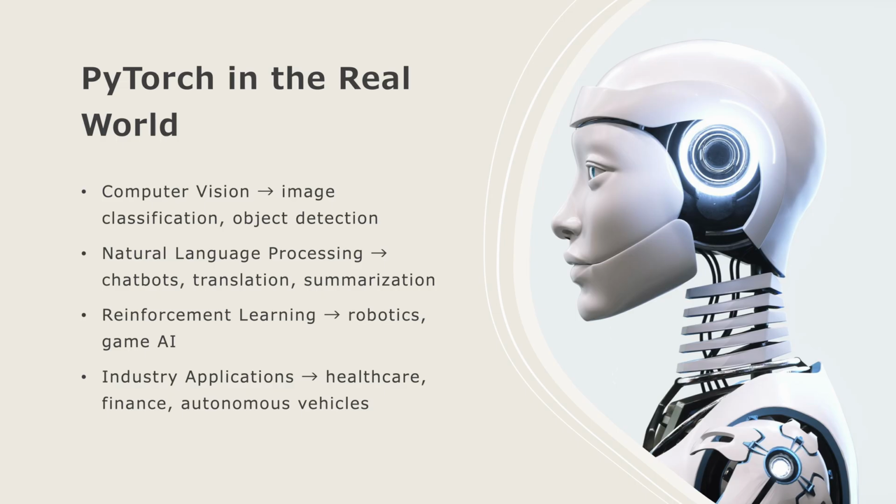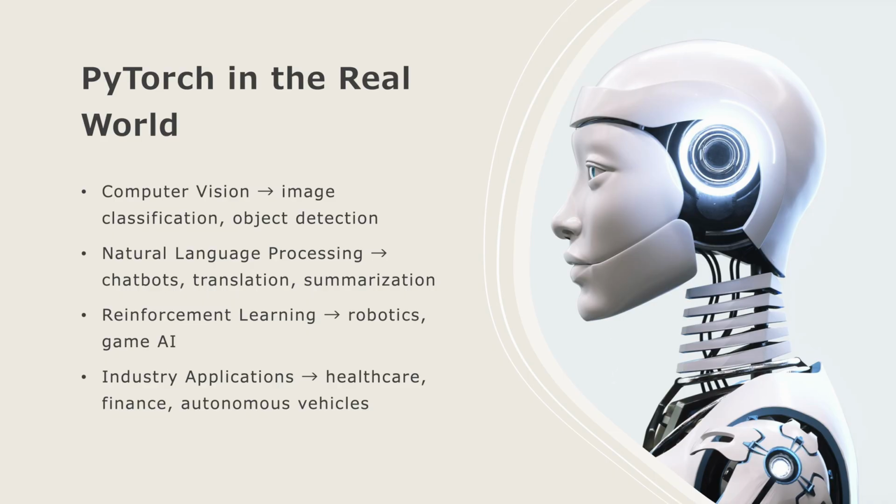Now that you know how to install PyTorch, let's look at why it's such an important framework. PyTorch is everywhere in the artificial intelligence world. In computer vision, PyTorch powers models for tasks like image classification, recognizing whether a picture contains a cat or a dog, and object detection, identifying where in an image the objects are.